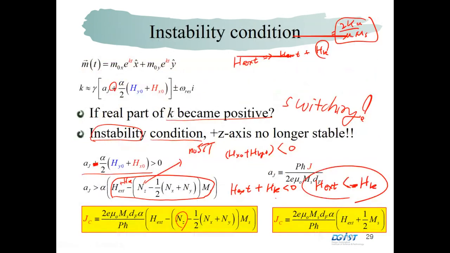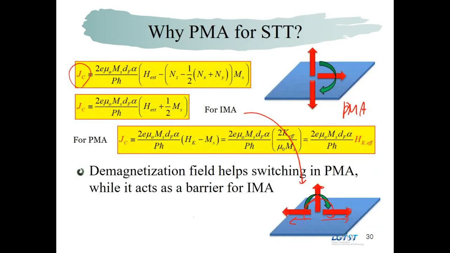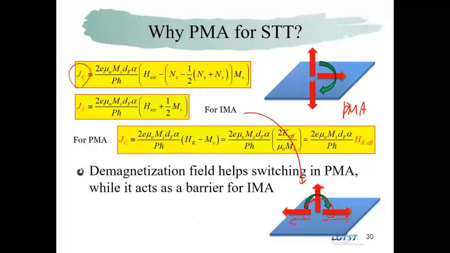So when we have a magnetic moment in this direction and switch to here, the trajectory of the magnetic moment should point in the perpendicular direction, which they don't like. So they require large energy or large current density.